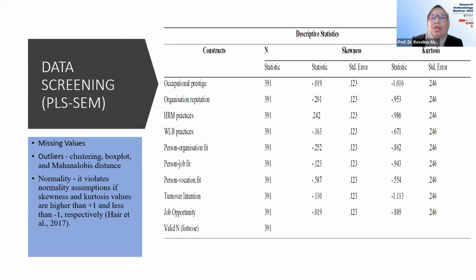But what is important, we need to see the descriptive statistics of the data, which means the constructs, the variables. If you have 10 variables, we want to see how the data actually contributes to each of the constructs, whether it's normal or has a tendency to be skewed.